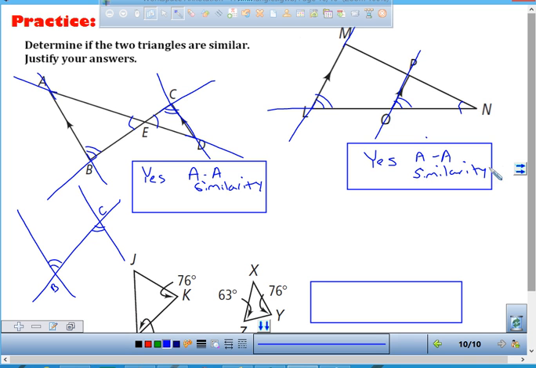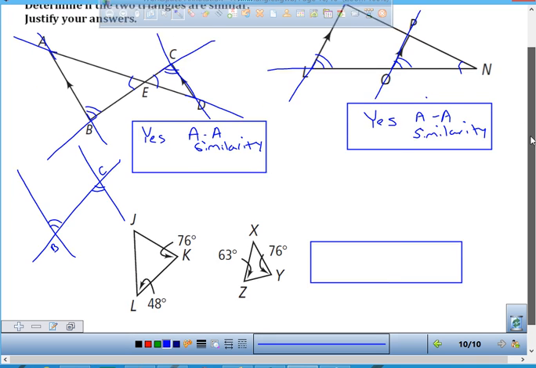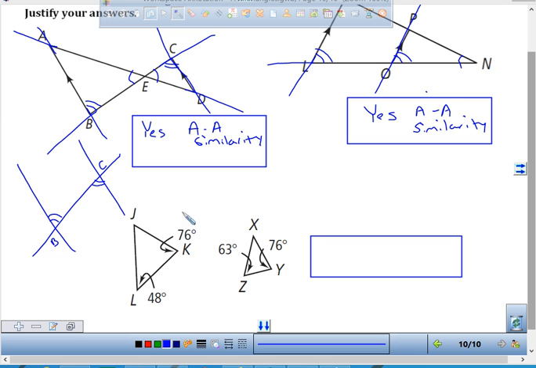Okay, and then the last one. Do we have one pair? 76 and 76. Okay? Now we have to find if we have a second pair, and what will we do to do that? Good. Add and subtract. So which one do we want to do? 76 and 48?